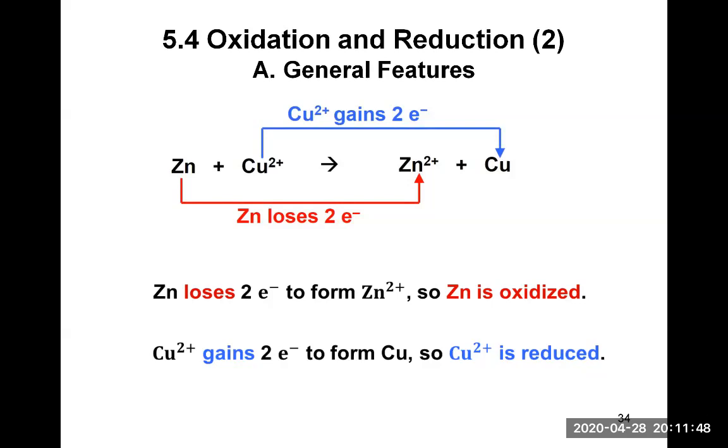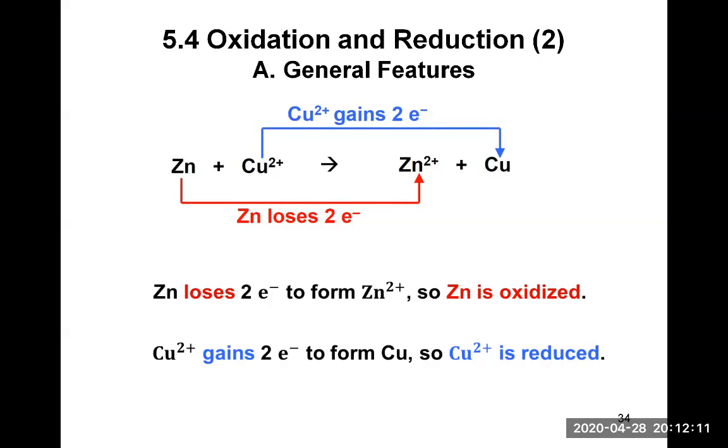The 2 electrons are gone, and so the 2 positive charges come from the 2 protons that are not cancelled out anymore. So when zinc loses 2 electrons, it's oxidized. In this case, that's the species that is oxidized.